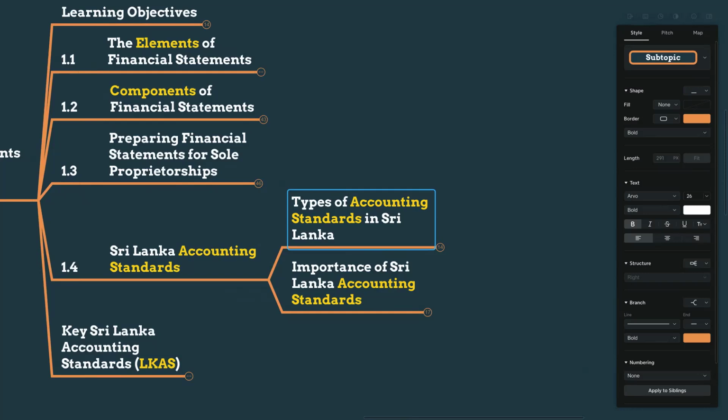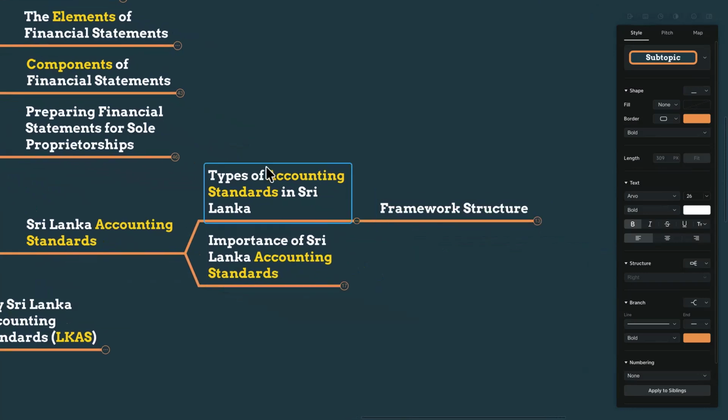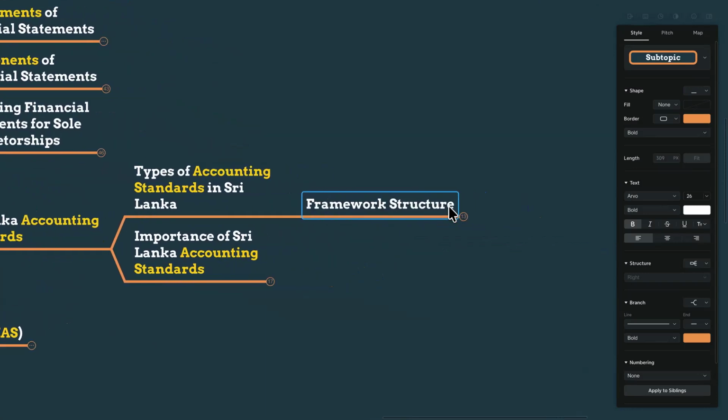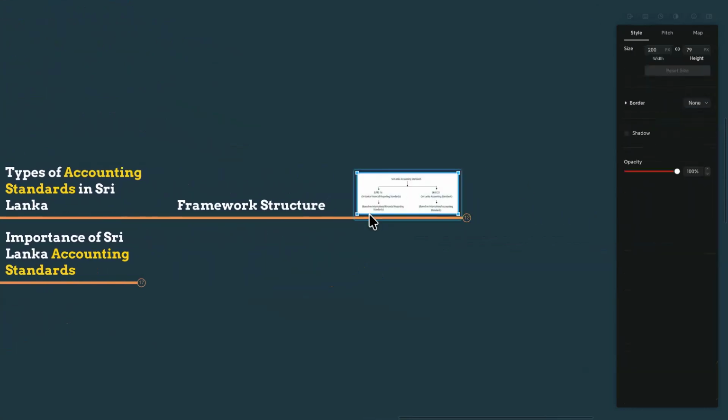That's why we have Sri Lanka Accounting Standards, a copy version of the International Accounting Standards, IAS. That's why we have Sri Lankan accounting standards, a common set of rules that every business must follow to prepare financial statements. The types of accounting standards in Sri Lanka, the framework structure, is here, my dears.